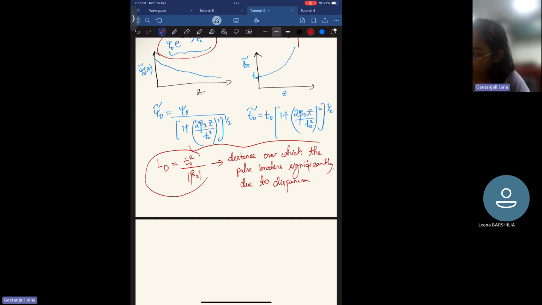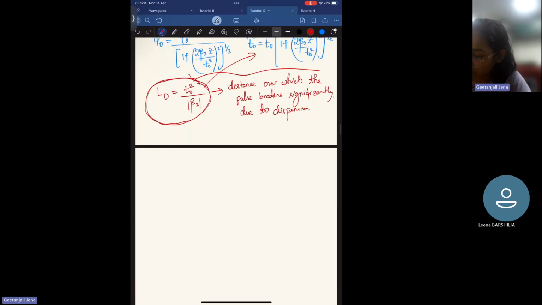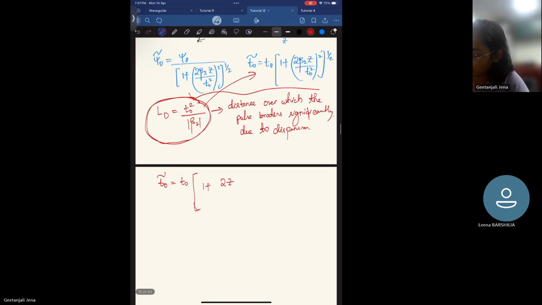So now we can change the expression here in accordance with whatever we know from this week. That means you can write T0 delta, which is the final pulse width, as T0 times square root of 1 plus z square over LD square.